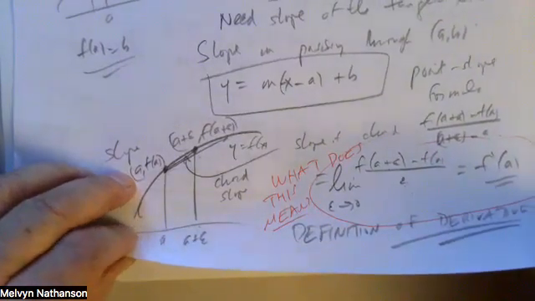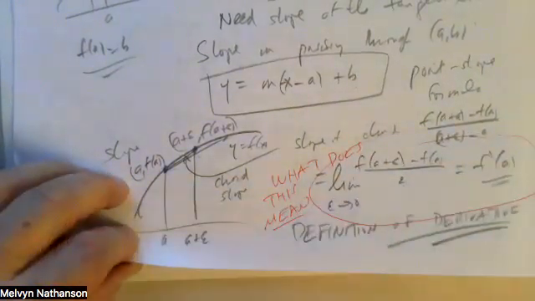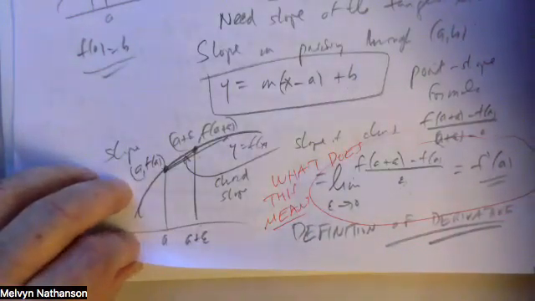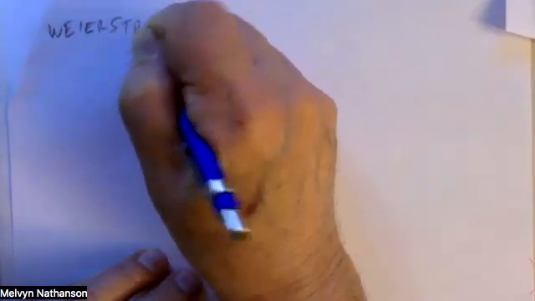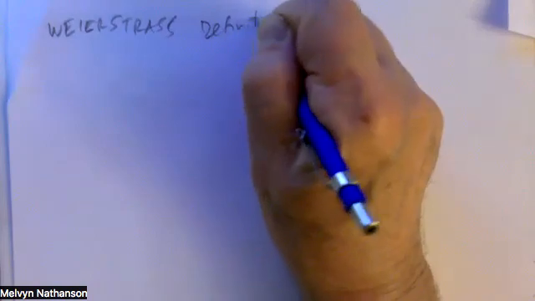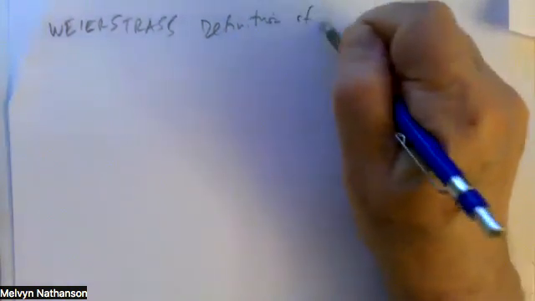So the definition of the limit that is handed down to us from Weierstrass in the 19th century, so this is the Weierstrass definition of a limit.